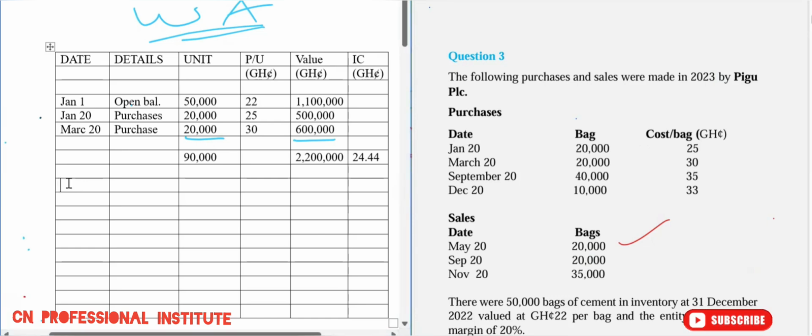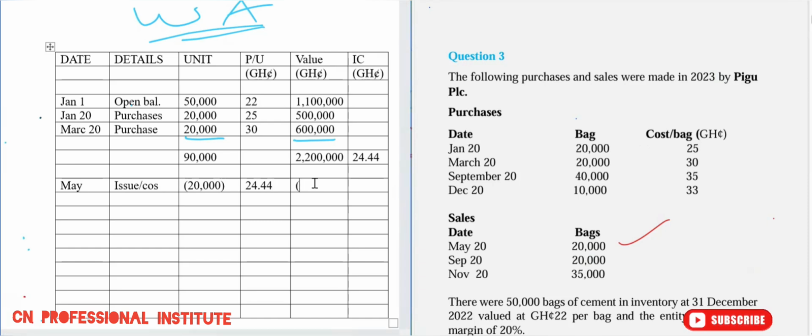So the May that we are selling, May, there's an issue, issue or cost of sales. And then how many did we sell in May? We sold 20. So here all the 20 will be at 24.44, right?